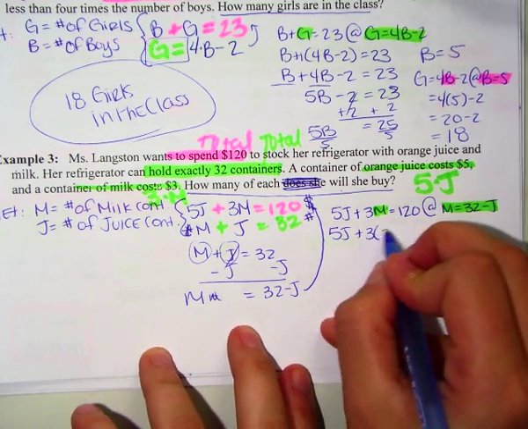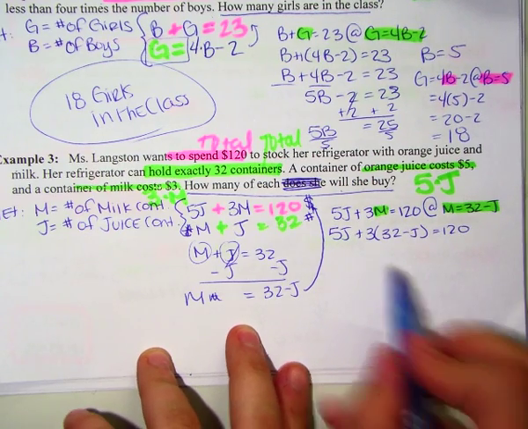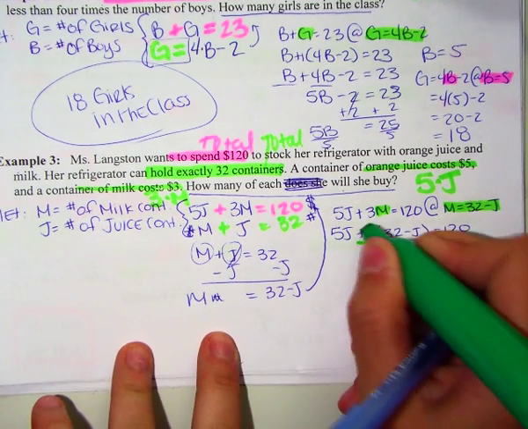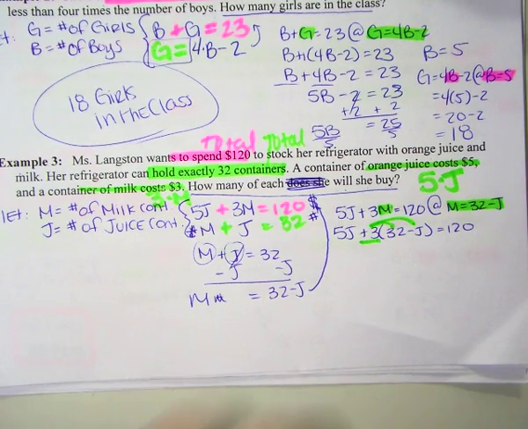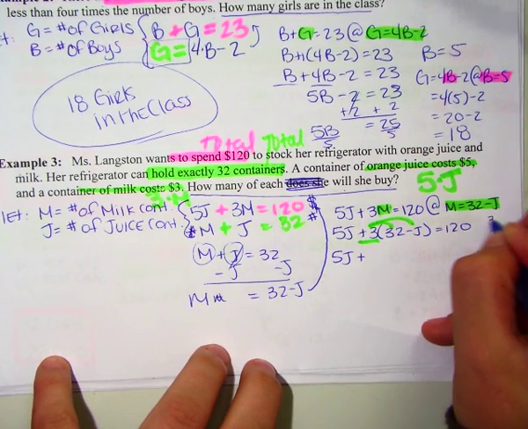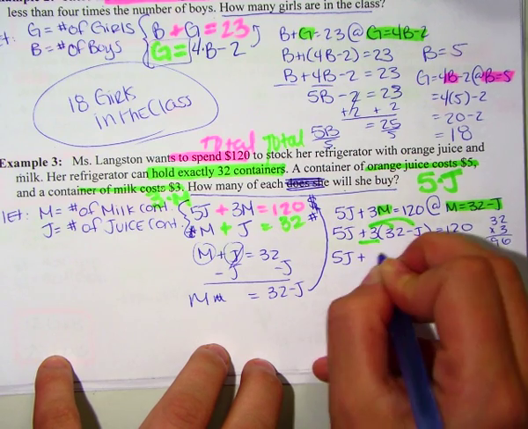Use parentheses when you substitute. I'm going to go ahead and distribute the positive 3 to both. 32 times 3, 96.